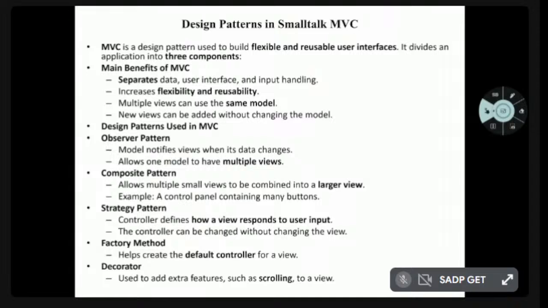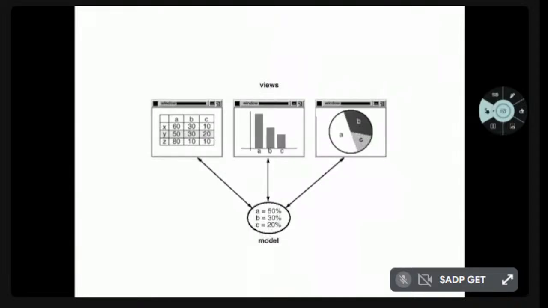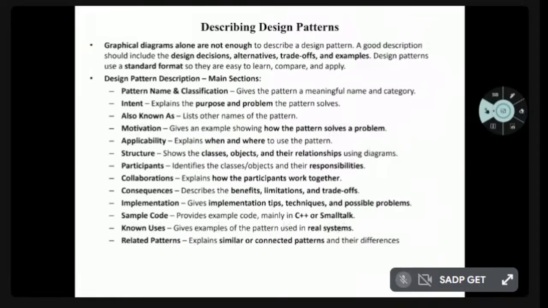Additionally we have factory method and decorator. Then we saw the diagram and the describing of patterns: what a pattern is, where we had difficulties, how patterns came into existence, and the different pattern names and descriptions we have for design patterns.